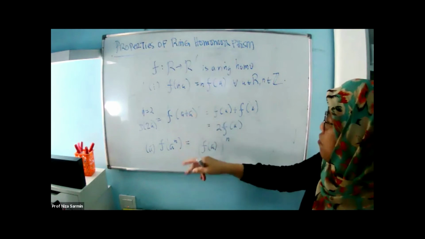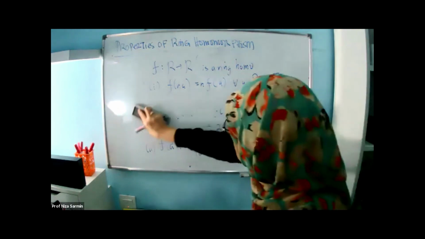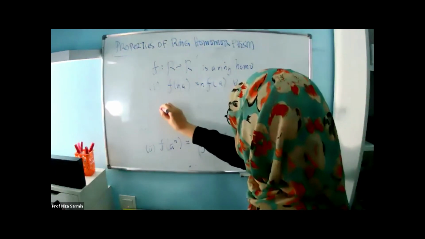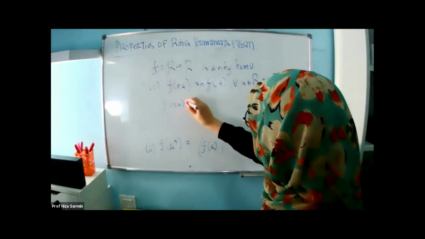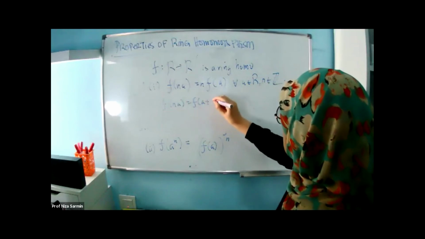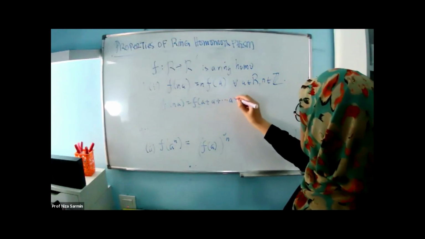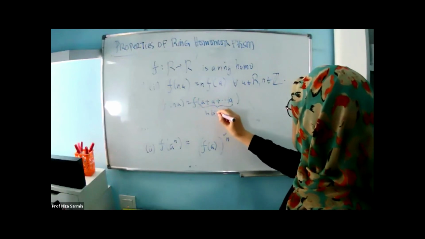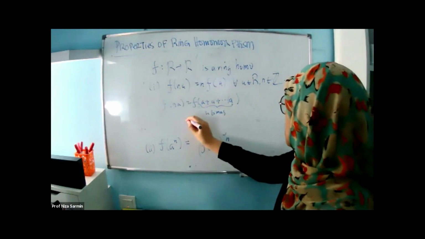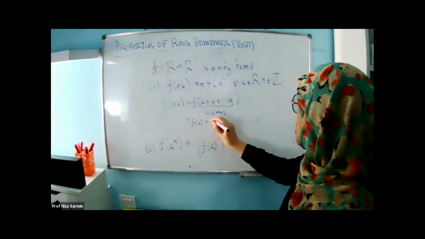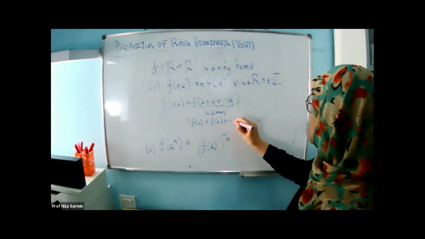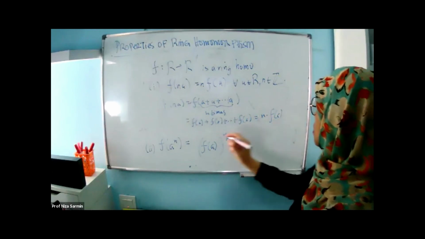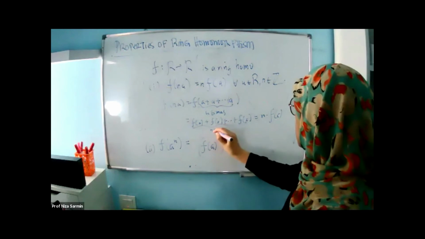This one I'm just showing you for 2, but you can write the whole proof quite easily. f of nA is f of A plus A plus A, n times, which is equal to f of A plus f of A plus f of A, n times.